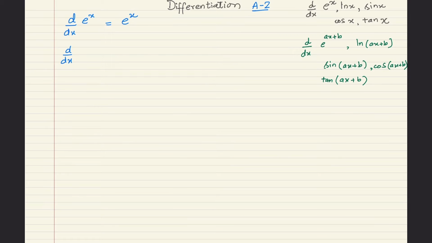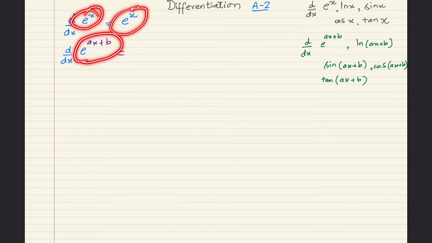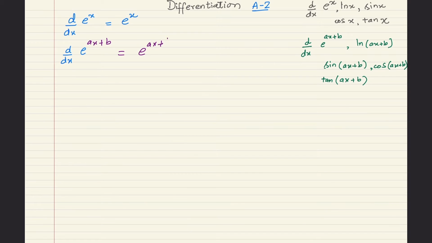Now the extension of this formula. For example, if we have e power ax plus b, what is the derivative of this function? We know the derivative of the exponential remains the same, so the derivative of e power ax plus b remains the same. But this is an extension of the above formula, so remember: derivative without function.